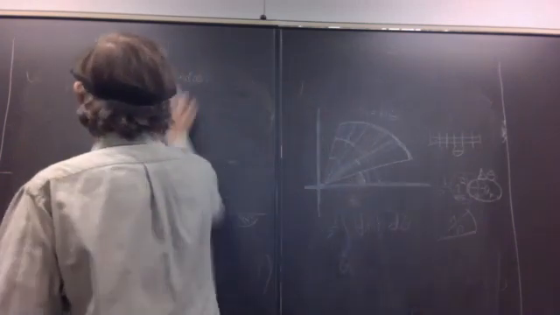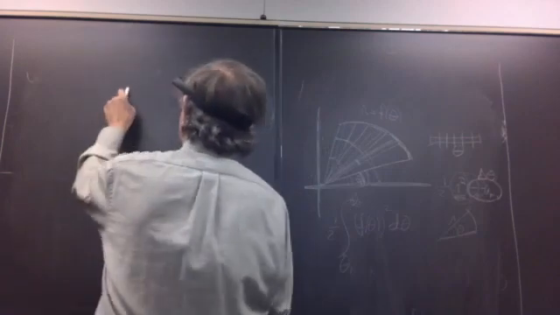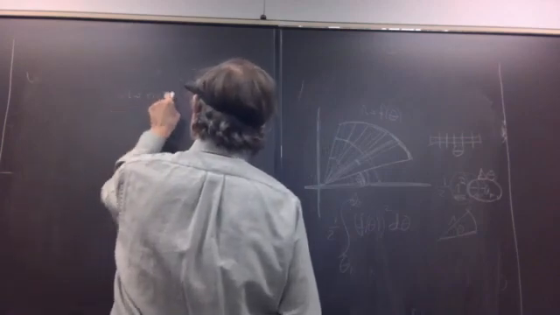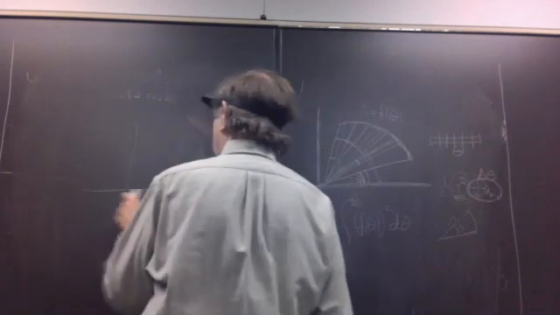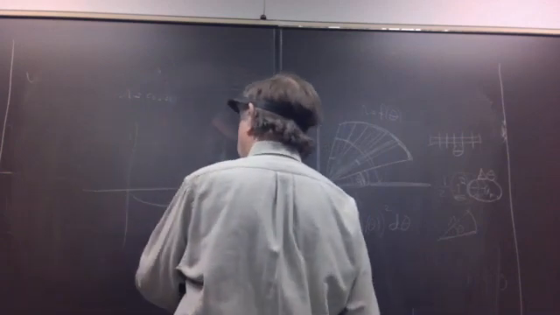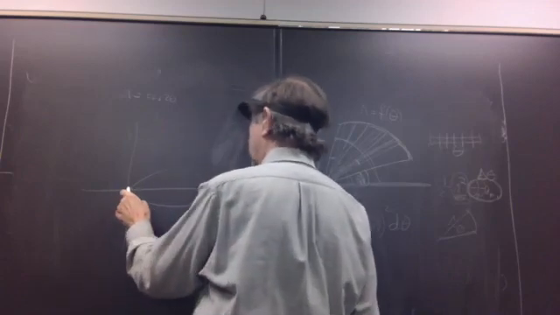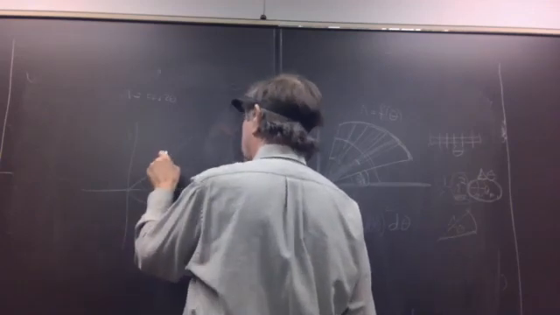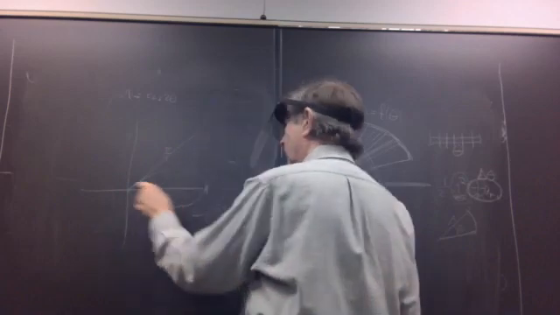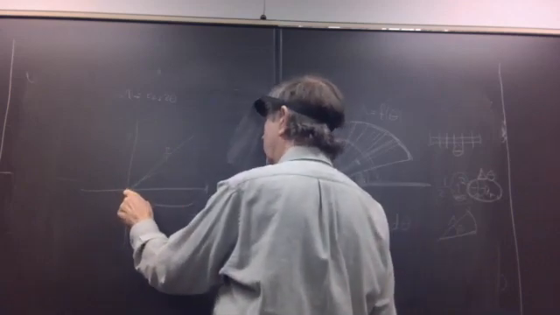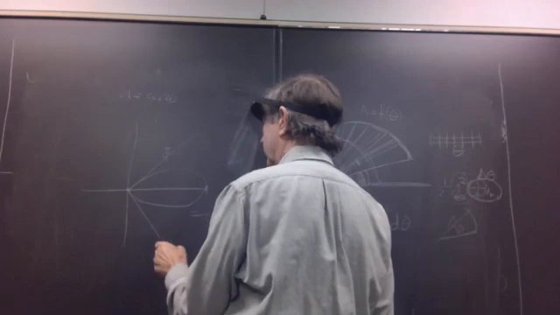So what we want to do to find the area of cosine 2 theta is figure out what happens in one pass. And if you think about it, I think you'll realize that at pi over 4, the cosine is 0, and at minus pi over 4, the cosine is 0.